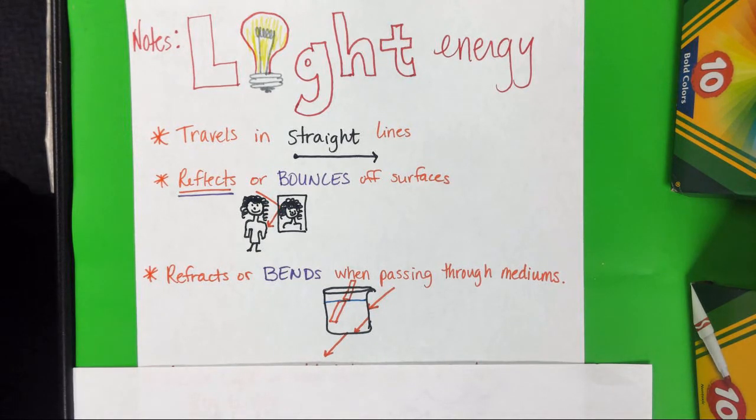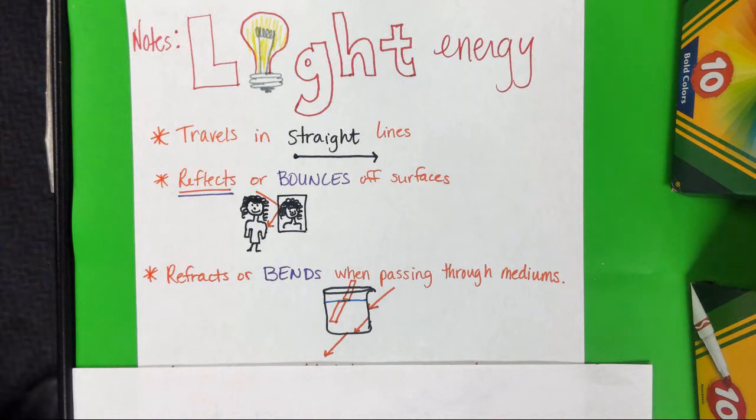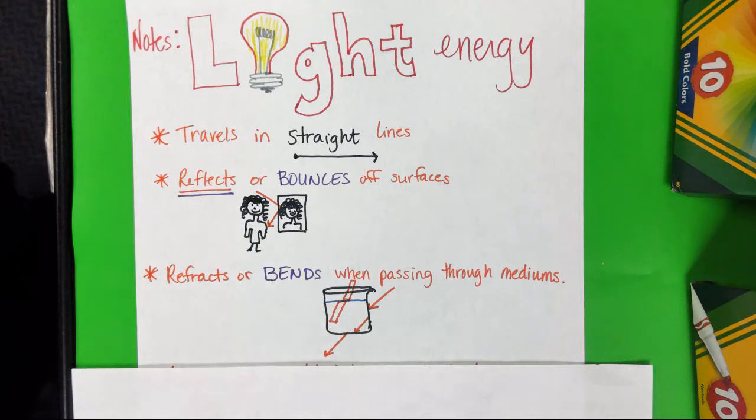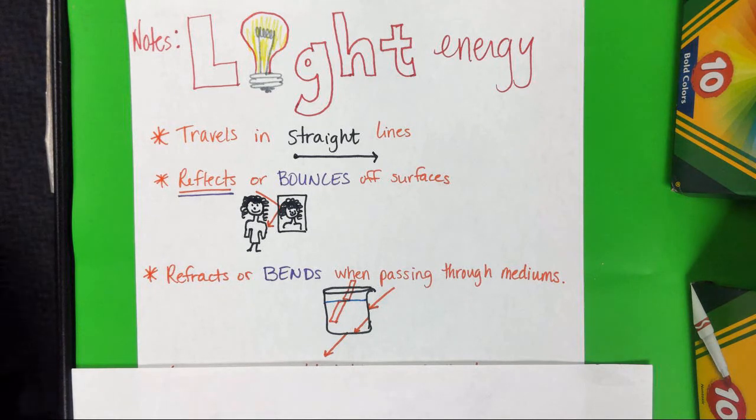And what's a medium again? How can I explain a medium? Different materials. Okay? Different materials. Refracts or bends when passing through mediums.